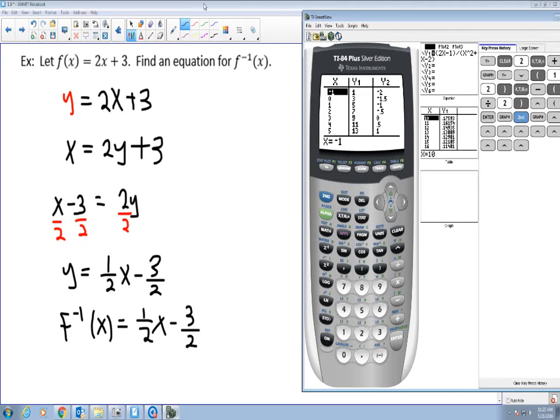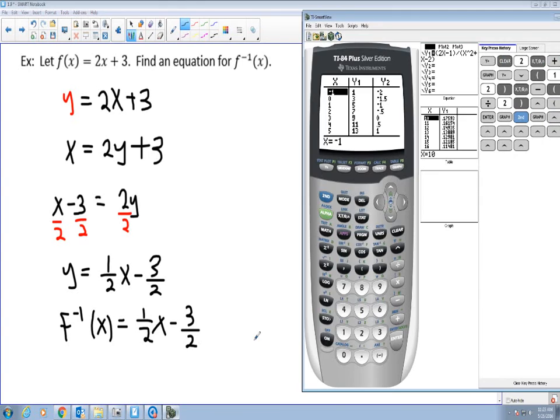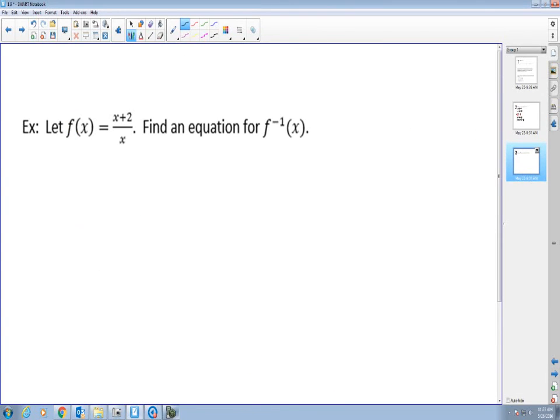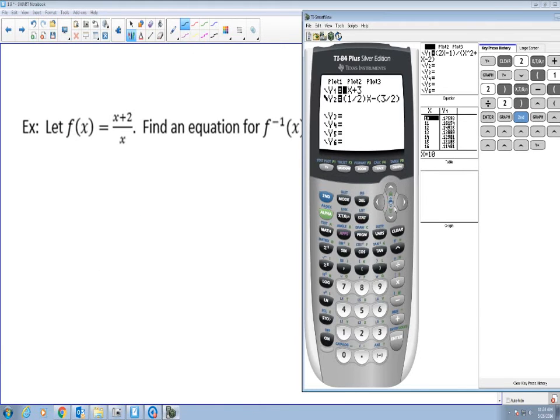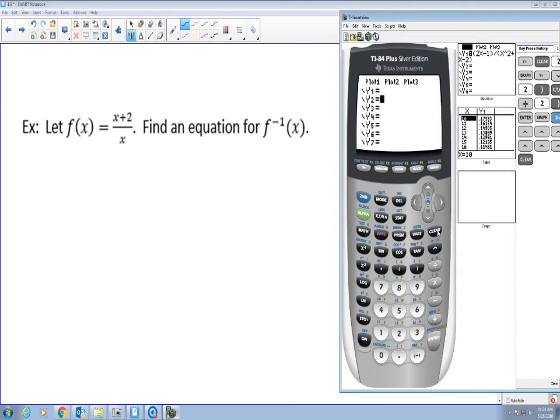Let's try another example with a rational function. I'm going to graph this rational function first. So let me come back here and clear out my two functions. Two terms up top, so parenthesis x plus 2, close it, divided by x. So here is my rational function.